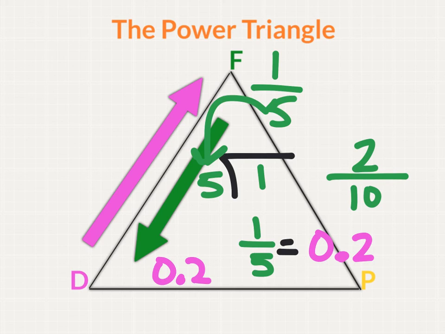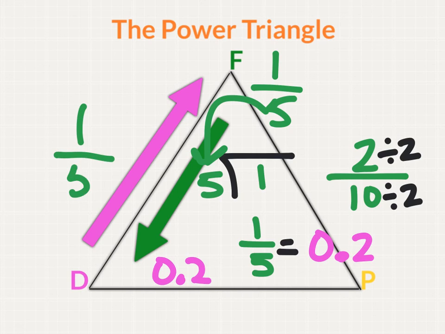And when I simplify 2 and 10 by their greatest common factor, I divide by 2. 2 divided by 2 gives me 1. 10 divided by 2 gives me 5, so that I know 1/5 is equivalent to 0.2.